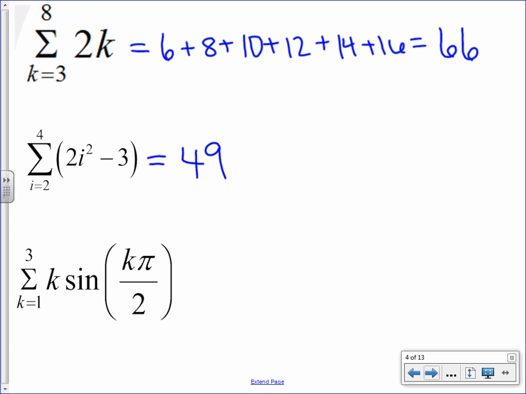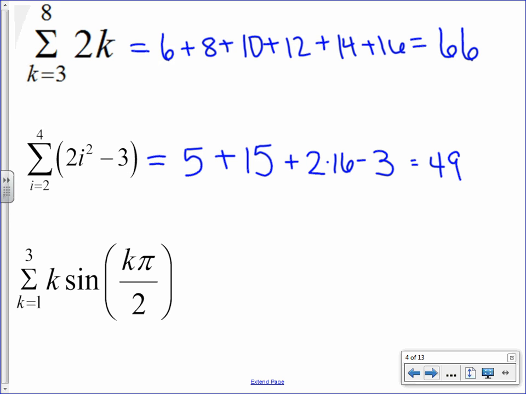So we have the 5 plus the 15 that you said, and then plus 2 times 16 minus 3. How'd you know what to do? Because it said to start at 2, and then this means to stop at 4.